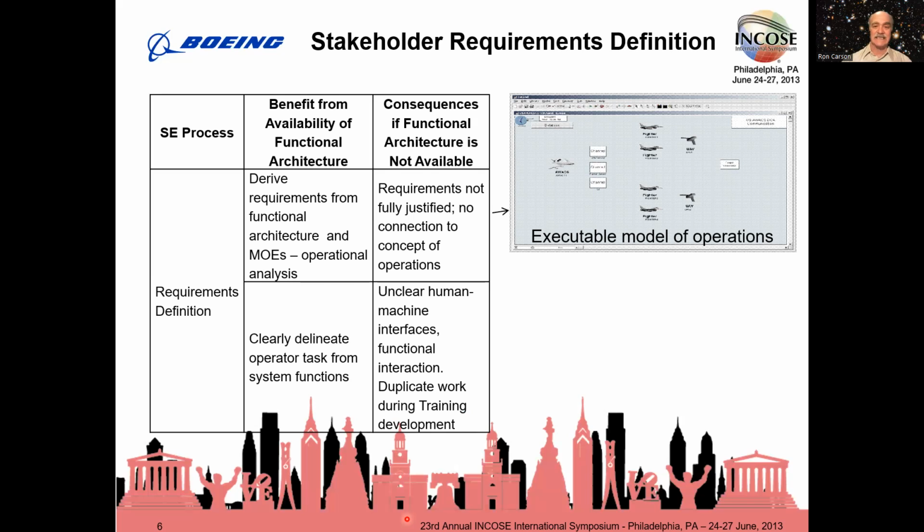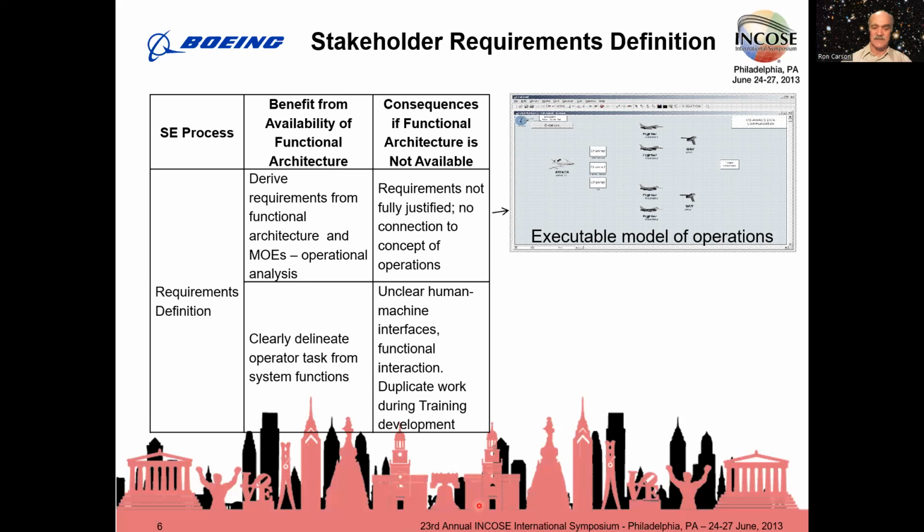We're largely guessing that the requirements we've defined are going to work. In other words, they'll be able to satisfy the concept of operations. But we're not really sure unless we've got a simulation. And so that's one key common thread through this presentation, is the importance of being able to use the functional architecture to perform system simulation.